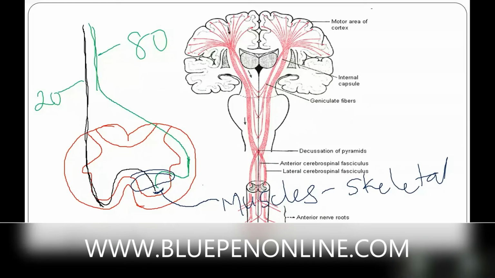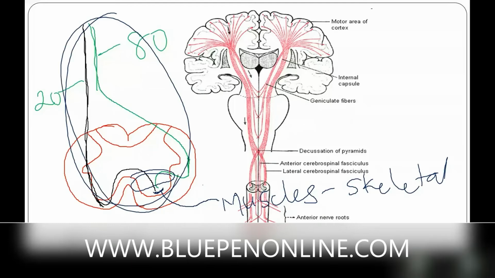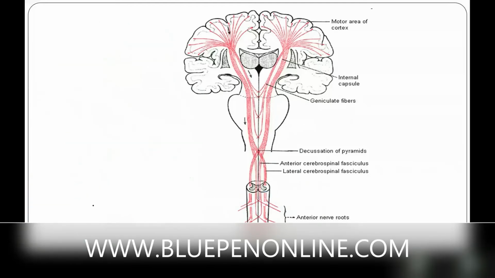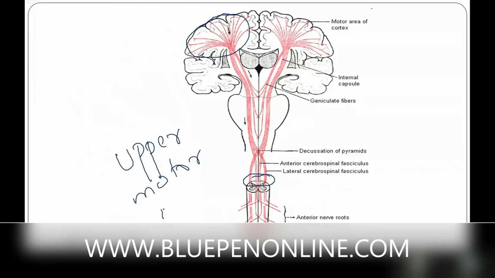Clear. Okay. Now, the neurons that started from the brain and end in the spinal cord are called upper motor neurons.